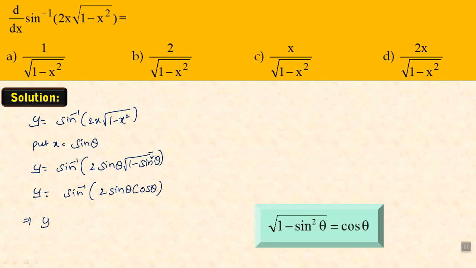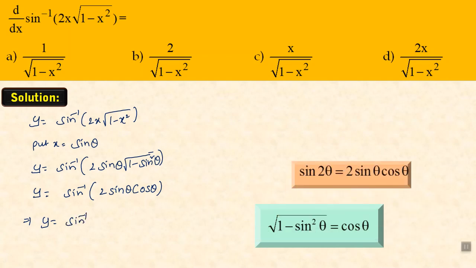This implies y is equals to sine inverse of, we know that sine 2 theta is equals to 2 sine theta into cos theta. So here sine 2 theta. This implies y is equals to sine inverse of sine 2 theta is equals to 2 theta.